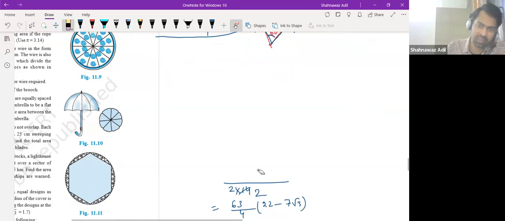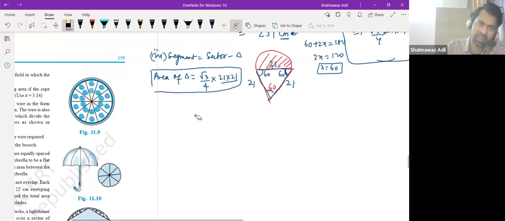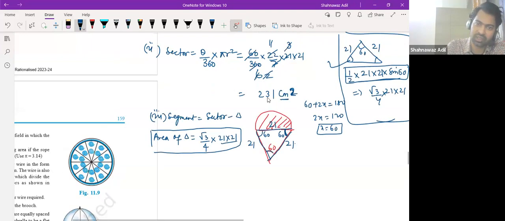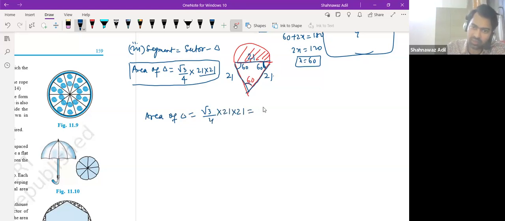We already calculated the area of the sector, right? That is what I was going to talk about. We already know this is 231, right? So we can directly write the area of triangle, which is root 3 by 4 into 21 into 21, which is 441 root 3 by 4, as 21 square is 441.